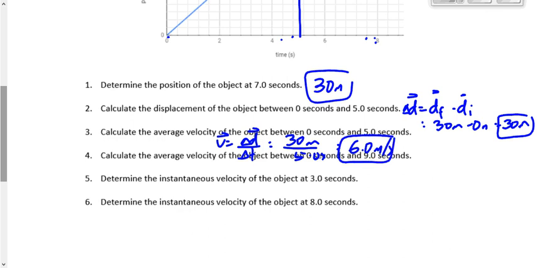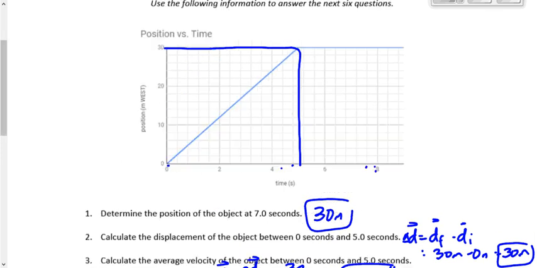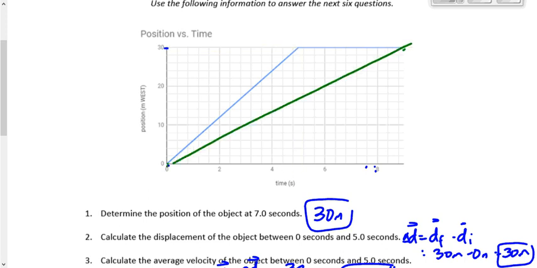Ooh, this one's tricky. The average velocity between 0 and 9 seconds. Between 0 and 9 seconds from start to finish here. Well, there's a couple of options you can do here. You can draw a line from 0 to 9 seconds and say rise over run, right? Or delta y over delta x.